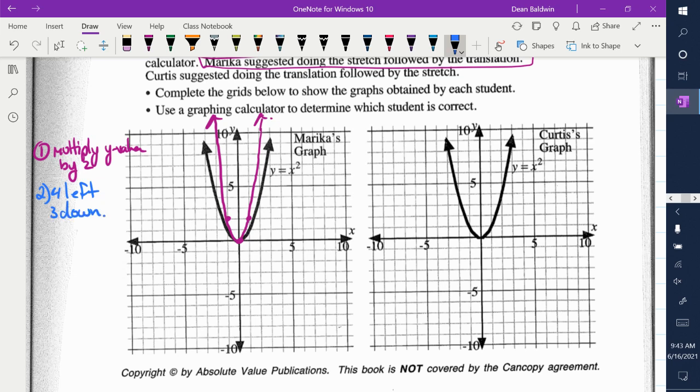So move the graph 4 left and 3 down. 1, 2, 3, 4. 1, 2, 3. So we end up there. I'll move the other 2 points too. So here's our graph. There's the final graph from Marika.